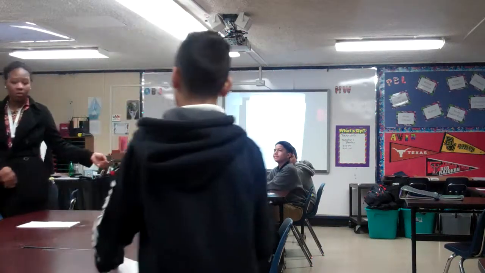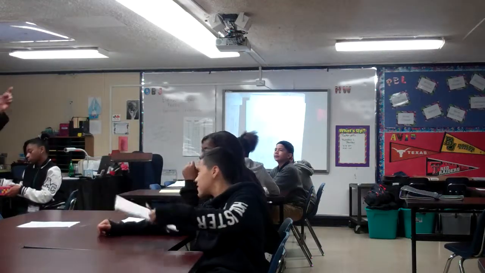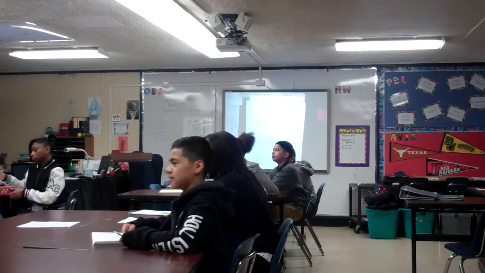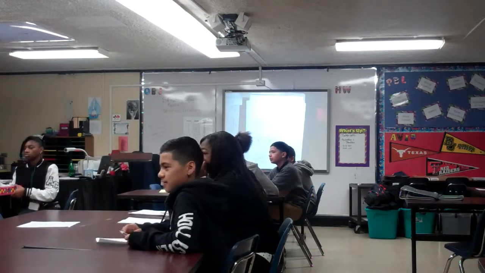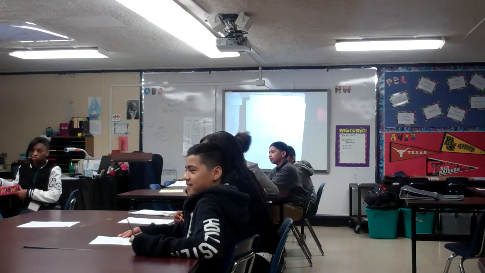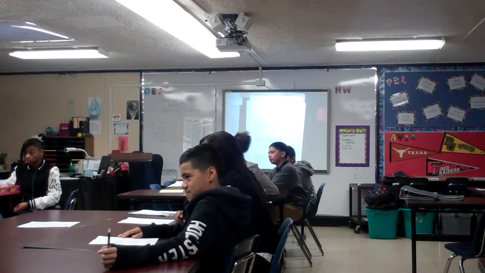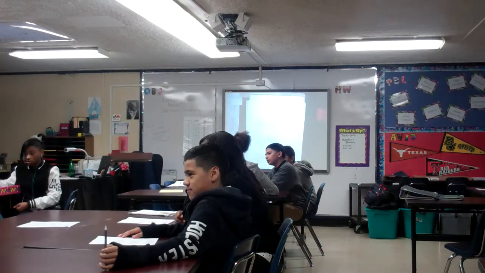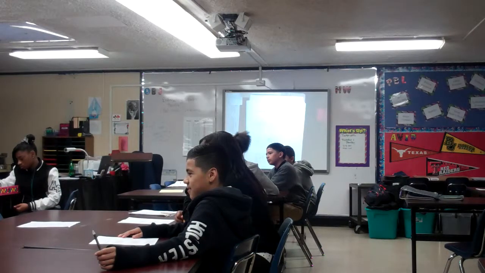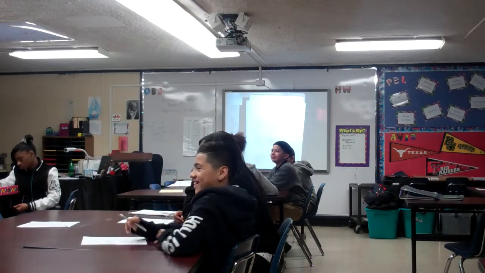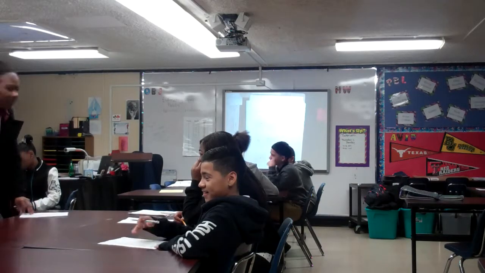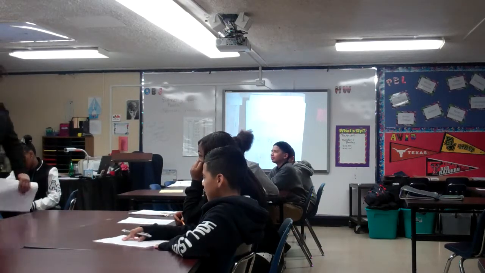Where are the other 4s? There are too many of y'all at the back table. What's your number? 7. You're not a 7, Victor. You're a 4. Yeah, you're a 4, pumpkin. Because he was 1, 2, 3, 4. You ready?